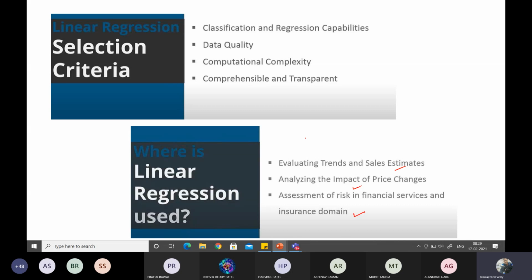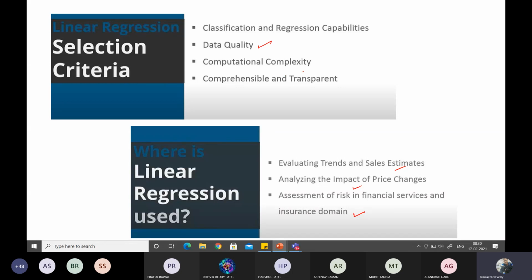Whenever we go for regression analysis or linear regression, we have to see some factors, like classification and regression capabilities. Because in some cases, if your variable is not continuous type, or if it is categorical type or something, in that case we cannot use linear regression. Okay, it also depends upon the quality of the data.